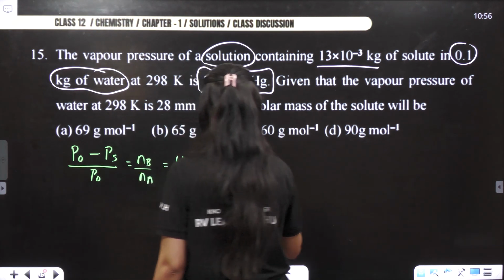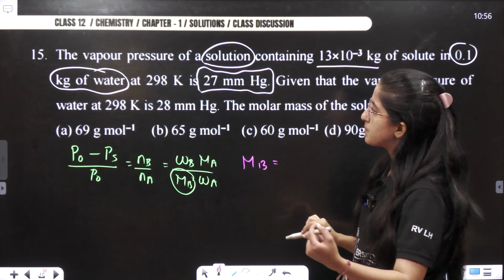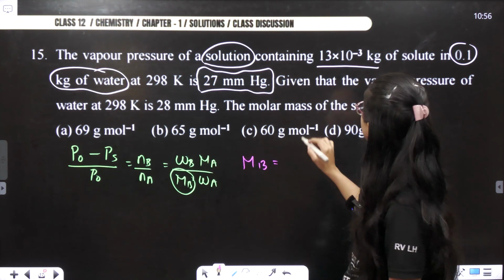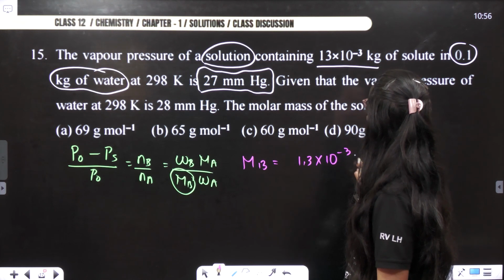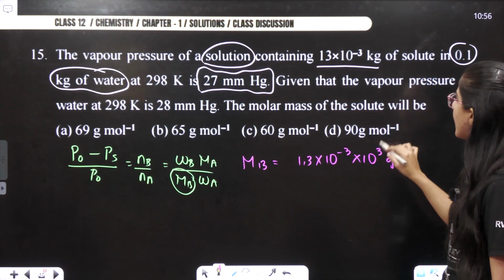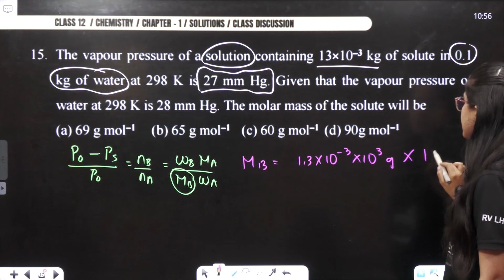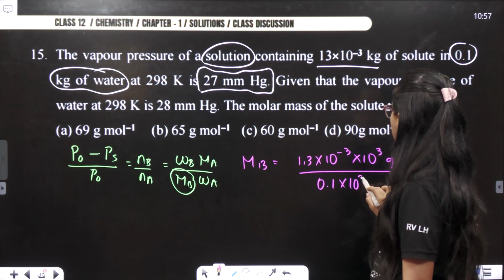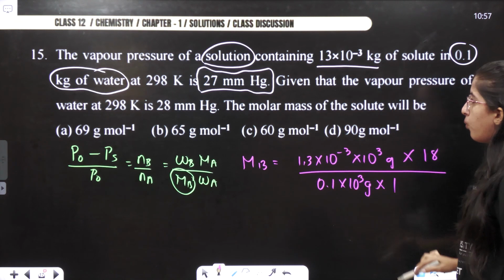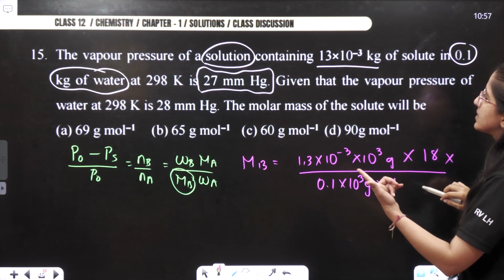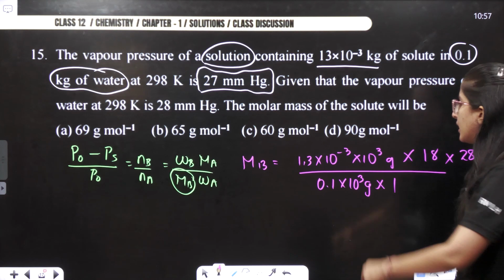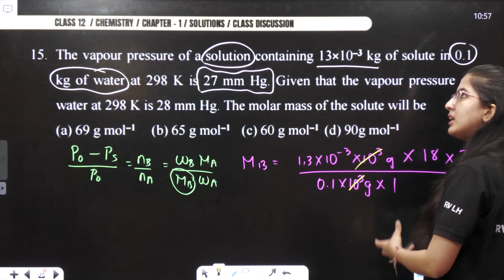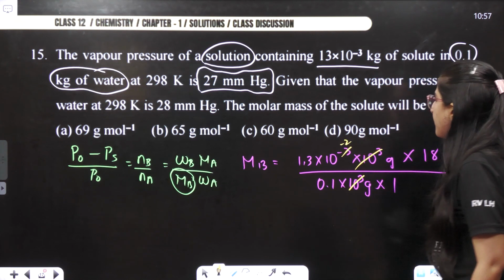So what will be the value of MB now? It will be simply equal to P0 minus PS, that is 28 minus 27, which is 1, divided by P0, which is 28. The weight of solute is 1.3 into 10 raised to minus 3 kg, so 1.3 grams, into the molar mass of the solvent, water, which is 18, divided by the weight of water, 0.1 kg, so 10 raised to 2 grams. Here you can cancel and simplify the powers of 10.